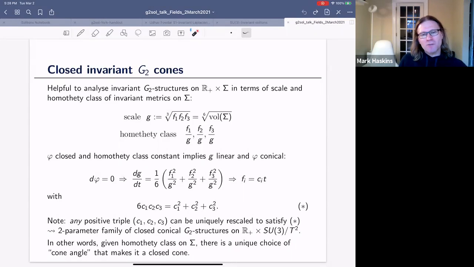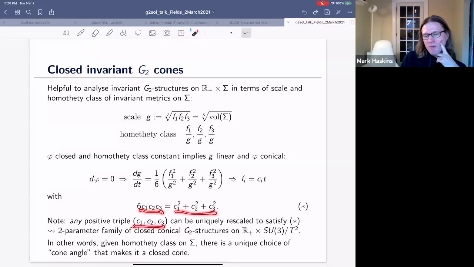You might also notice that, if I've got this condition here, then assuming this is not 0, all of these Ci's are non-zero. So let's make a sign assumption that they're all positive. So now I've got some positive triple. This thing scales like it's homogeneous degree 3, this is homogeneous degree 2.